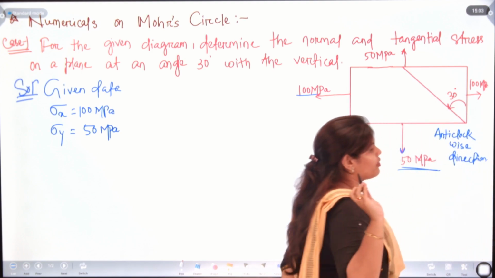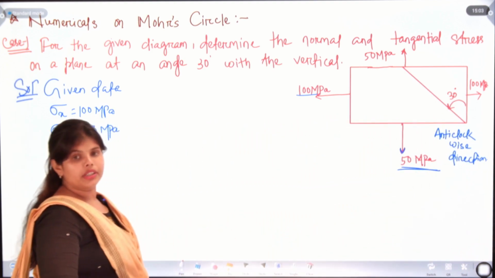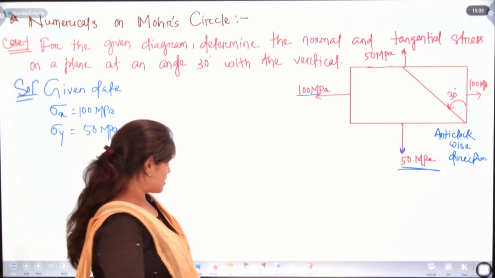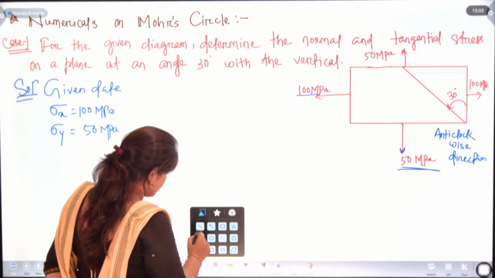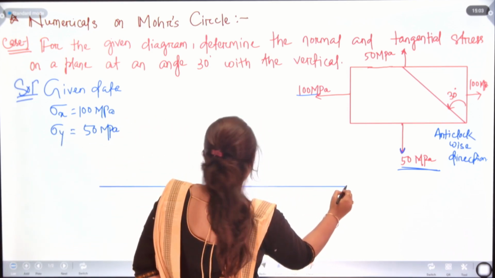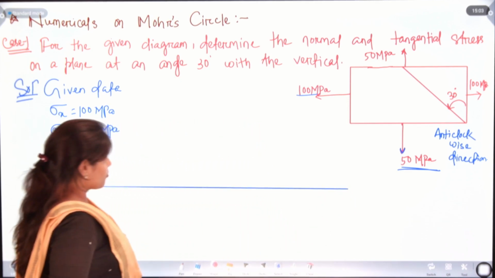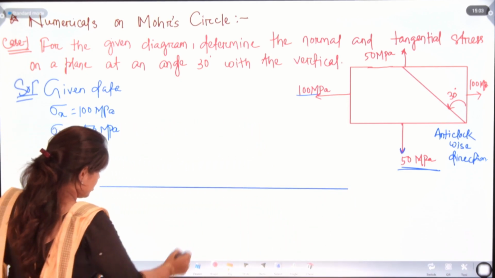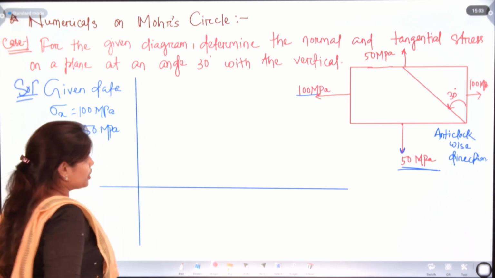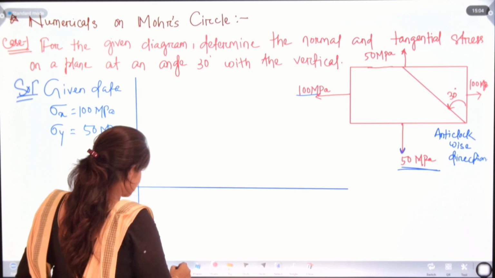Now we have the given data, now we need to solve it and find out what the normal stress and tangential stress are. So, first we need to just draw the x and y axes.